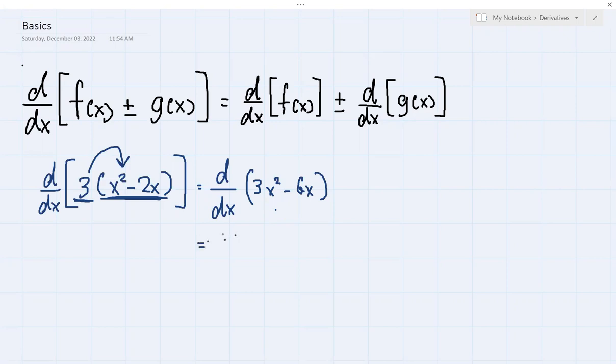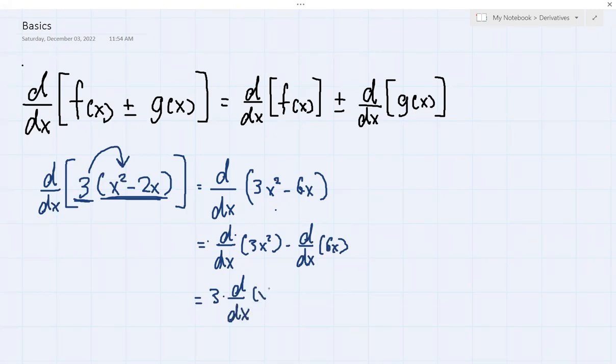Okay, derivative ng 3x squared minus the derivative of 6x. So dito, magiging 3 times the derivative of x squared. Okay? Minus the derivative of 6x. Ayan.